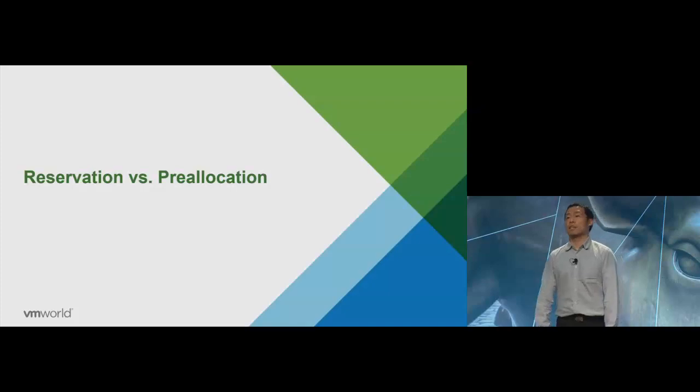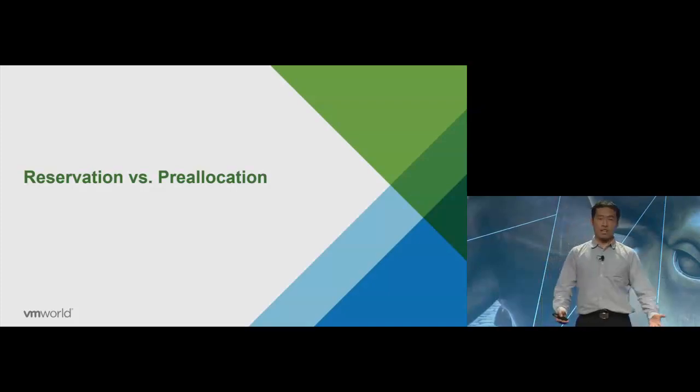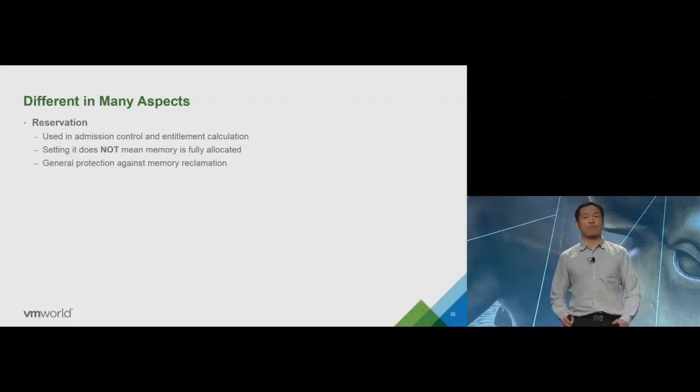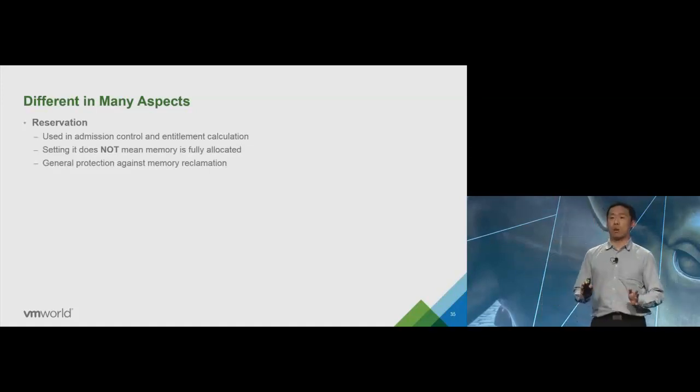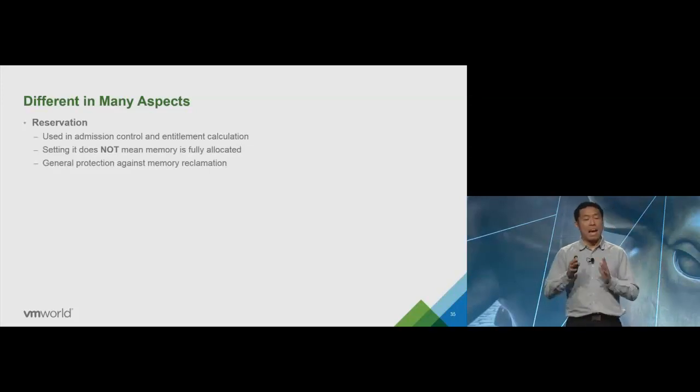Well, I've seen cases where people think reservation and pre-allocation are the same. But in fact, they are different in many aspects. The reservation is typically used in admission control and the entitlement calculation. Setting a reservation doesn't mean that the memory is allocated.